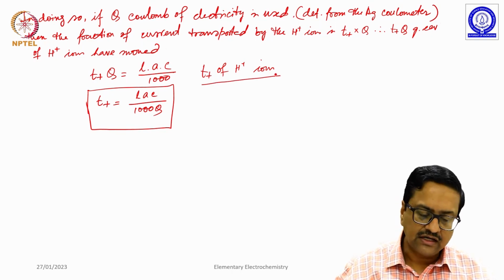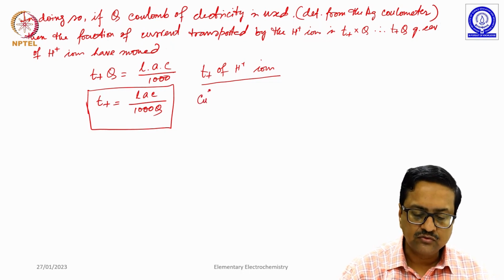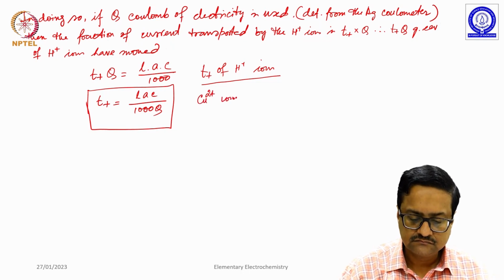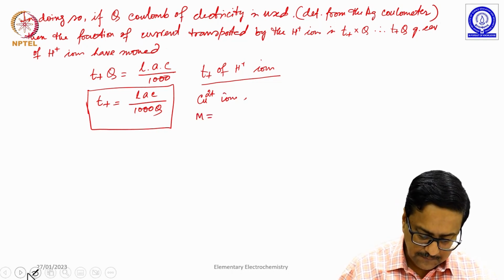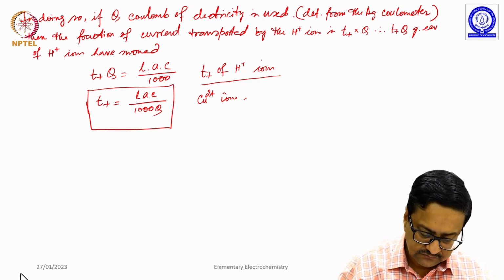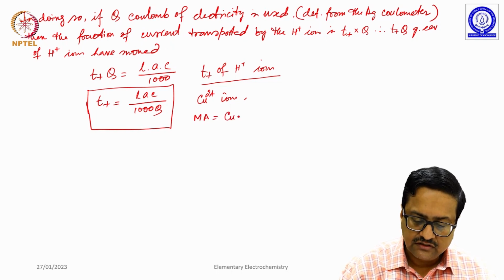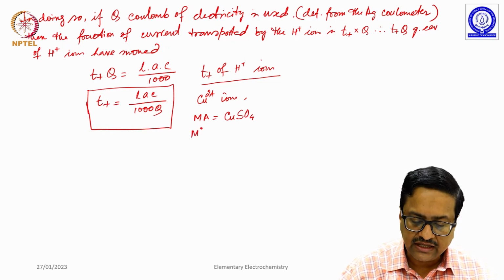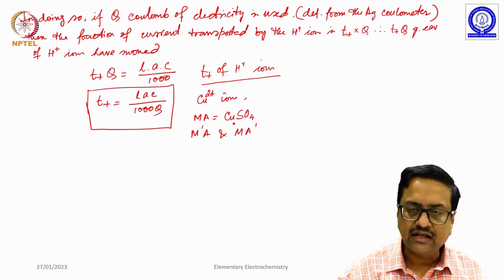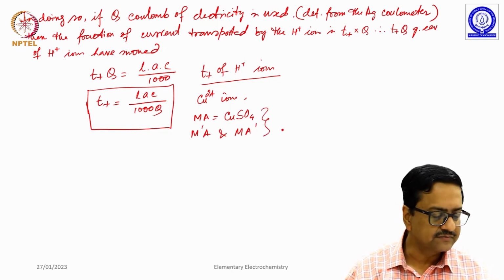Now you can understand that if I want to determine the transport number of Cu2+ ions, we should have M A as CuSO4, and accordingly we should choose M prime A and M A prime such that one can determine the transport number of copper ions.